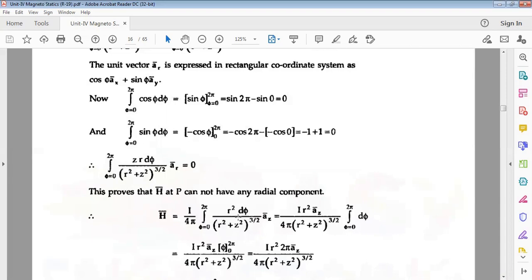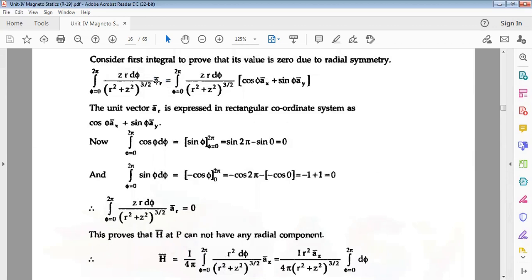Only we have the AZ bar component of dH, the second term. That is I by 4 pi R square dφ by R square plus Z square whole power 3 by 2 into AZ bar. AZ bar component only, because the AR bar component is 0. Got it, my students? And this AR bar, the unit vector, is expressed in the rectangular and cylindrical coordinate system as cos phi AX bar plus sin phi AY bar.